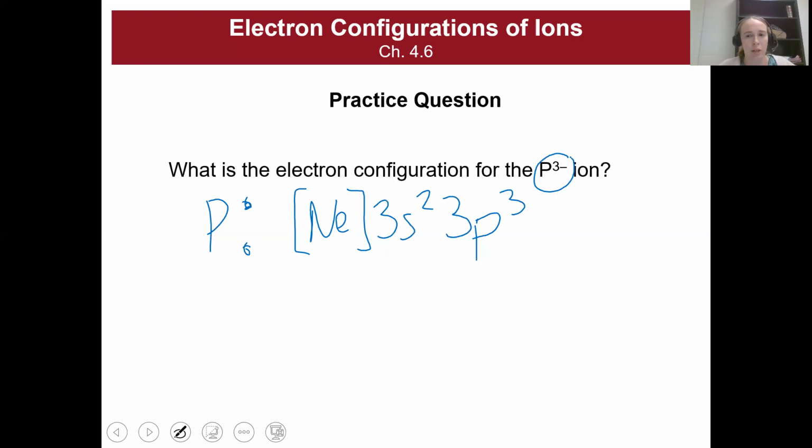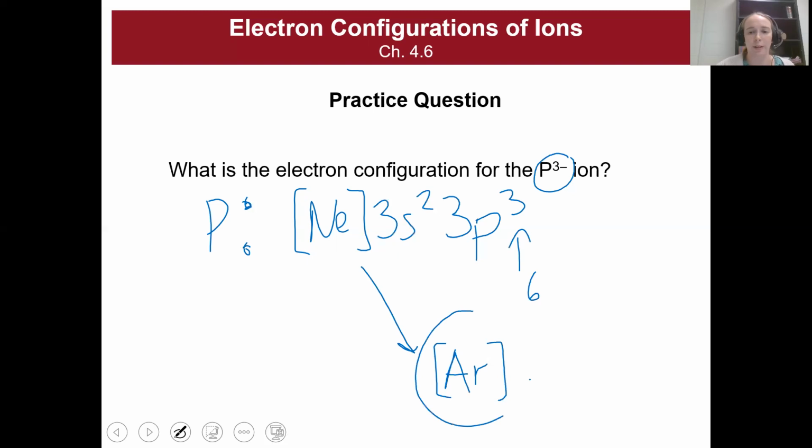So we add 3 negatively charged electrons to this, and that gets us to 3p6. But we're probably not going to write it that way. We'd actually write it with the next noble gas core, because the phosphorus 3- ion is isoelectronic with argon, which is isoelectronic with the chlorine and sulfur ions that we talked about just now.